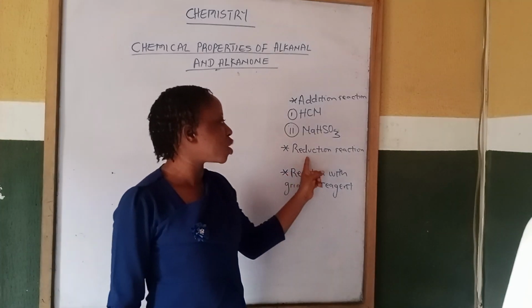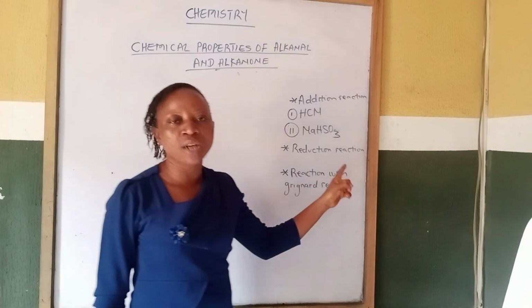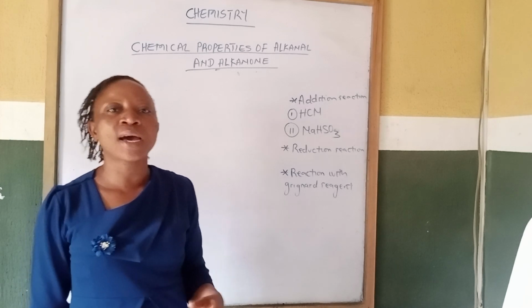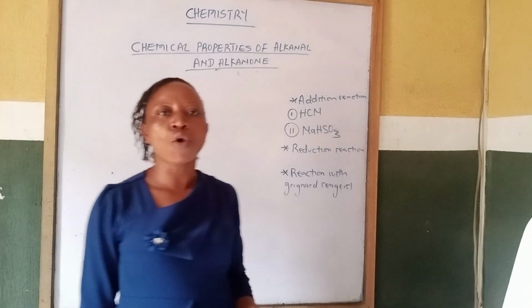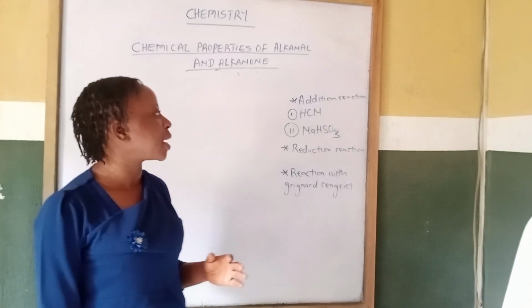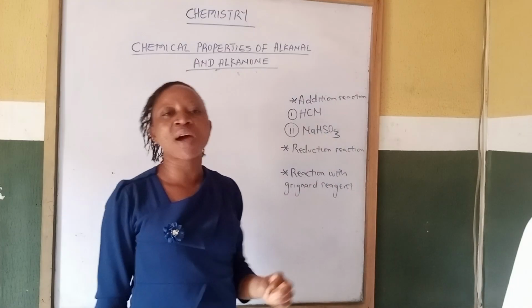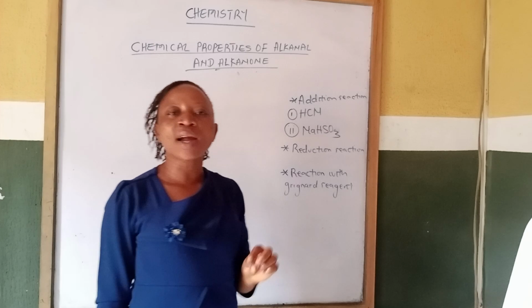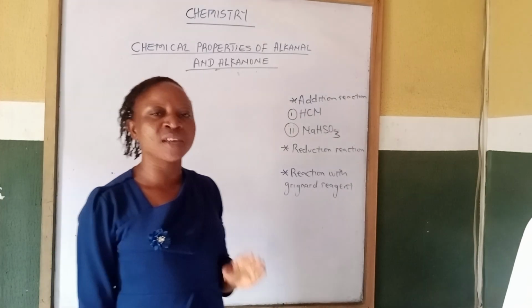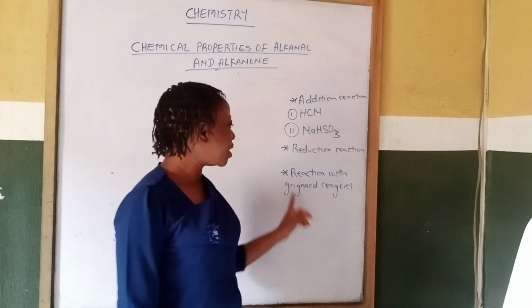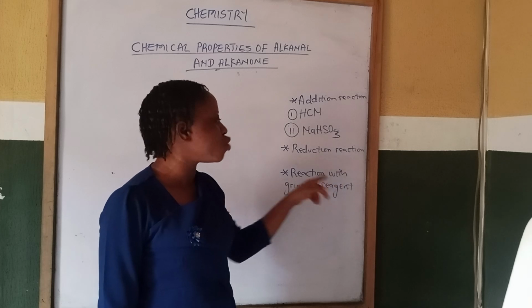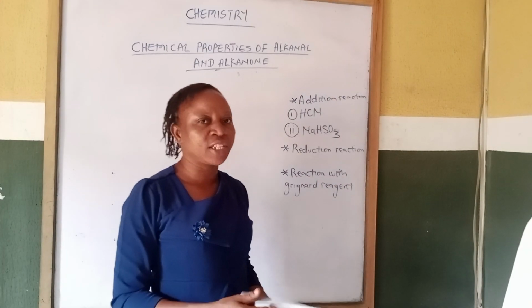Number two, we talk about reduction of alkanal and alkanone to alkanol. The alkanal will reduce to a primary alkanol, while the alkanone will reduce to a secondary alkanol. Then number three, we talk about reaction with Grignard reagents.